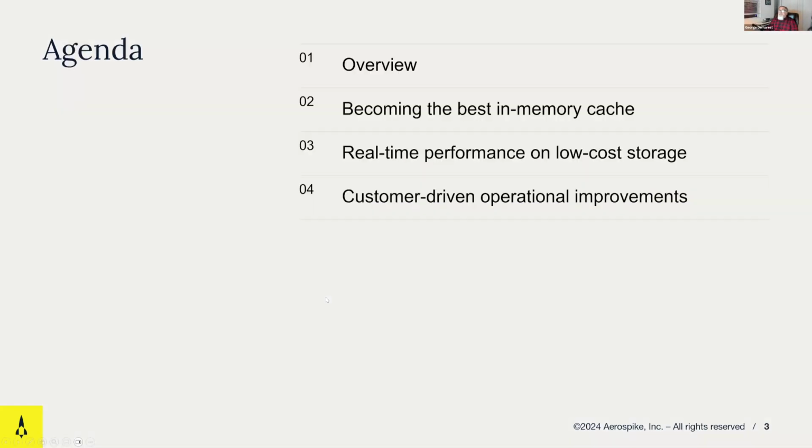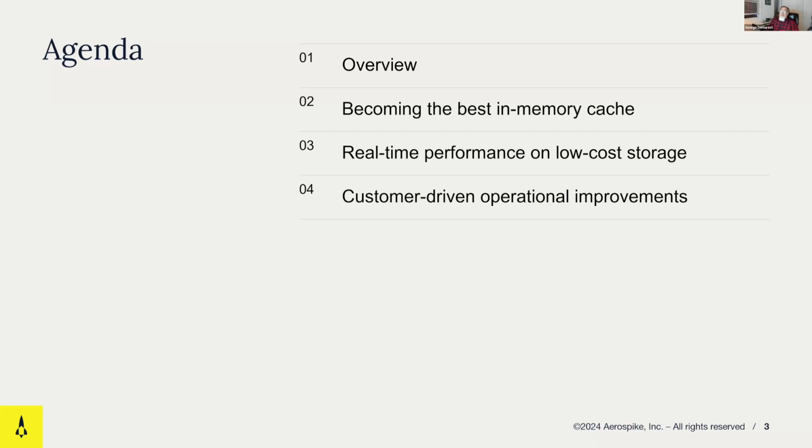So not a lot of messaging and spin. This is really about the product. And what we'll cover is just an overview of the announcement. We'll talk about some in-memory caching technology that we've introduced with 7.1, some storage optimizations that enable real-time performance on very low-cost cloud storage. And then finally, a group of other projects.